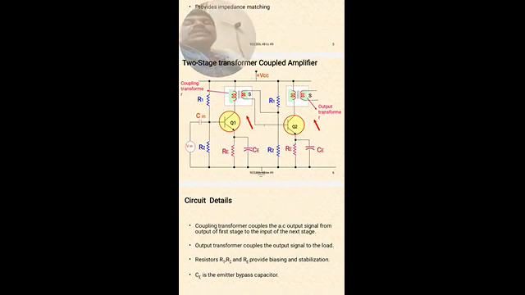Similarly, let us assume IC is decreasing. If IC decreases, the operating point shifts below the middle of the DC load line. Q point, IC is nothing but Q point, so the Q point shifts below the middle of the DC load line. When IC decreases, you know IE decreases.